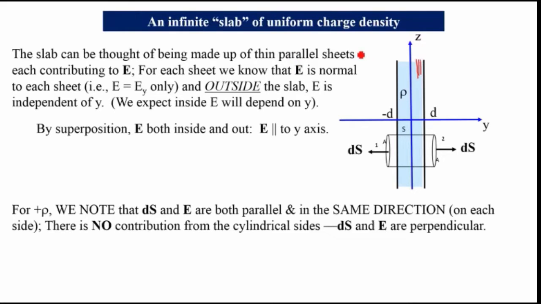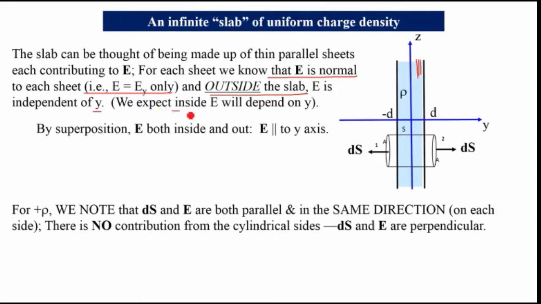So if we're adding up parallel charge sheets, the E field should have the properties of a single charge sheet, and that is the fact that E is normal to each sheet, E equals E_y only, outside the slab, so that we don't have any change in the amount of charge, say within a pillbox that contains the charge. Outside the slab, E is independent of y. So it looks like one charge sheet with a surface charge density that we'll calculate.